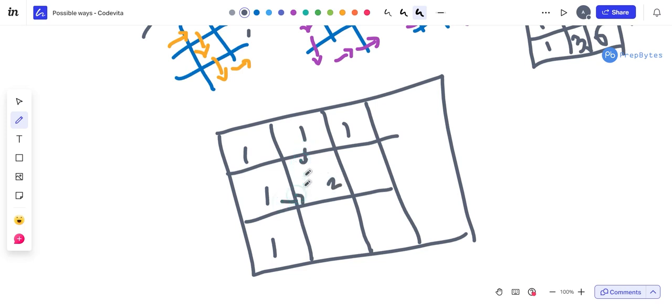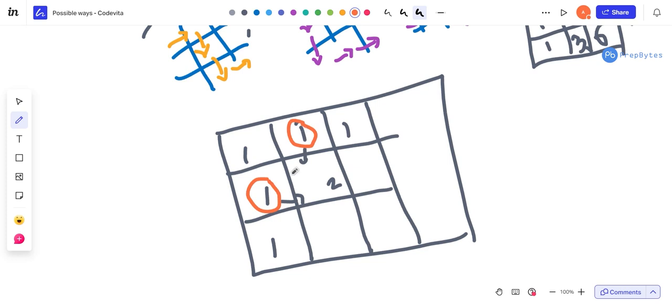So that's the pattern. The number of ways you can come to this cell is always from the left or the up. So the number of ways you can reach this cell and the number of ways you can reach this cell is going to sum the total number of ways.